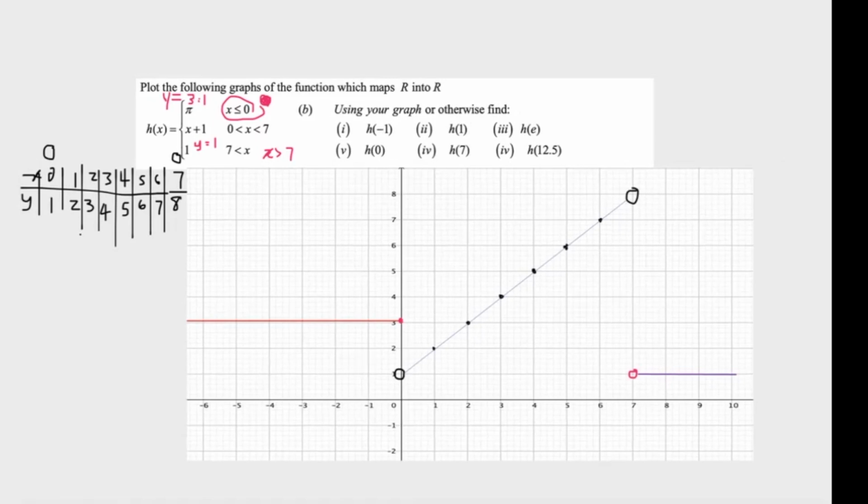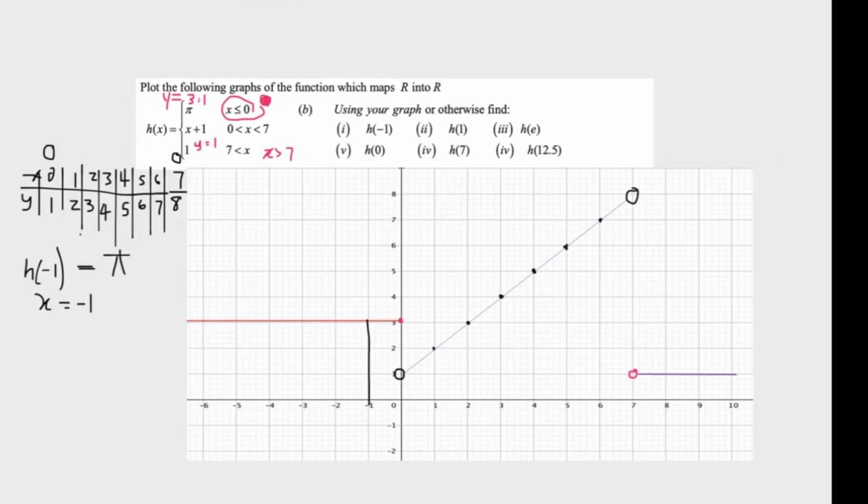So you look for -1 and you go up to the graph. Where it cuts the graph, we know that this is pi, so we can see the answer is pi, or 3.1 or 3.14.